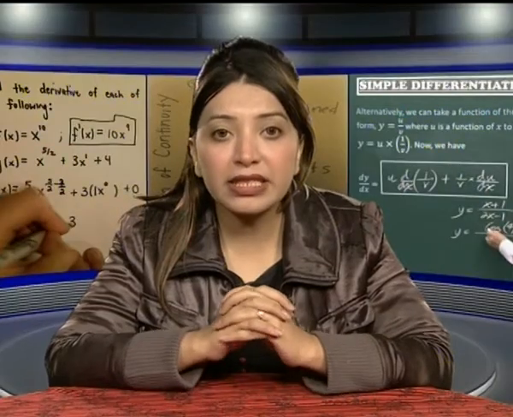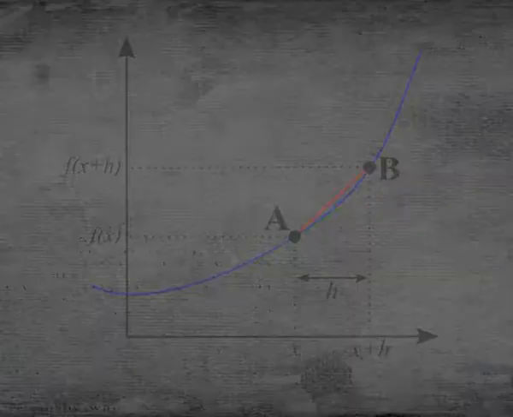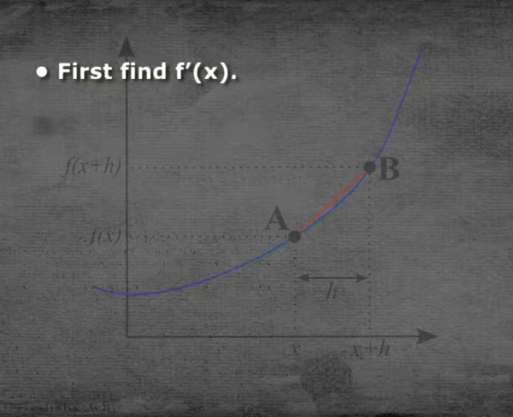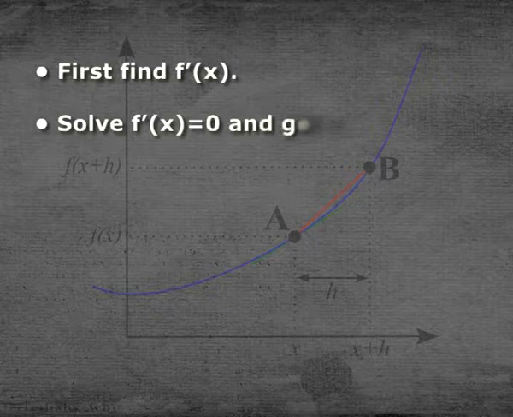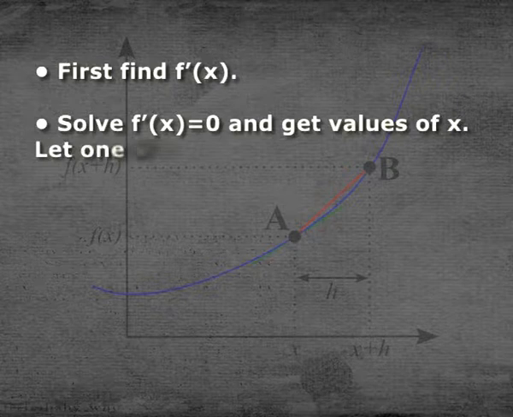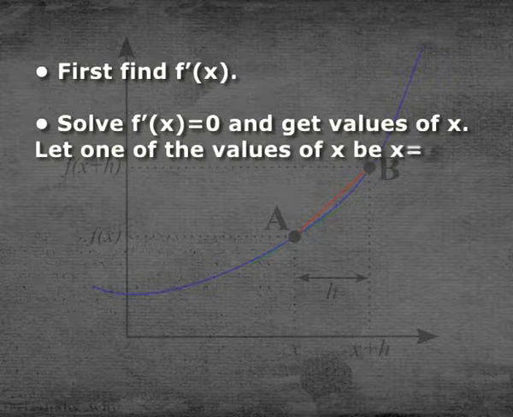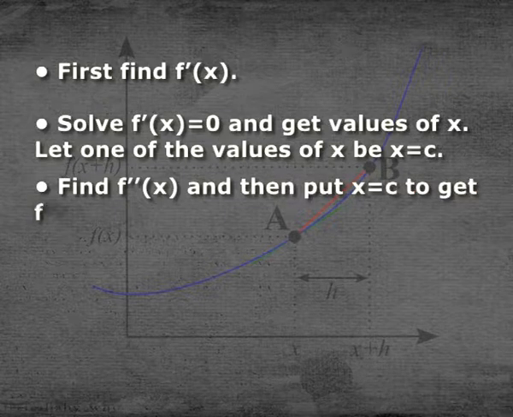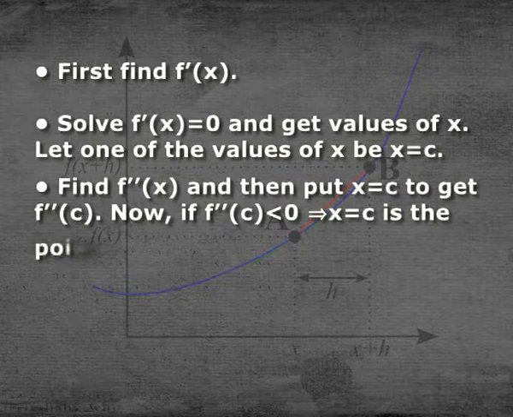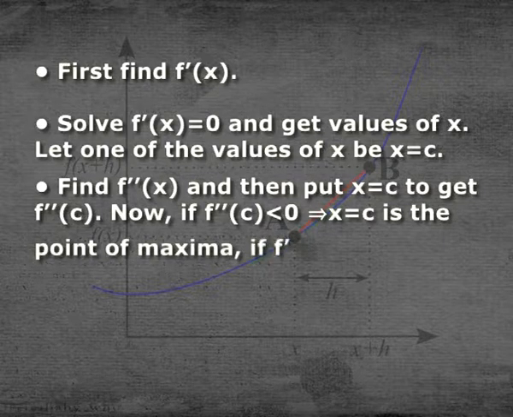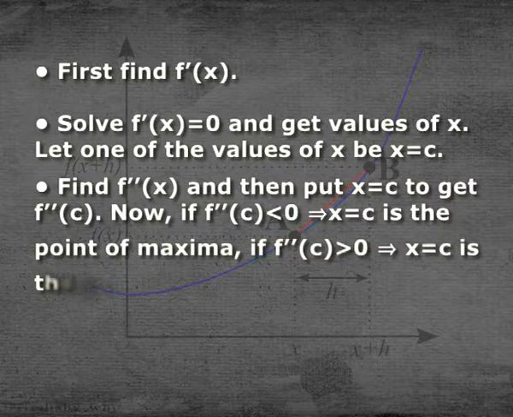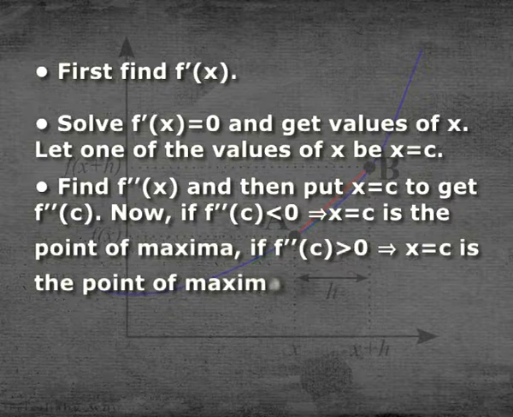Now let's see what the test for maximum and minimum is. In the first step, we find the first derivative, that is f dash x. In the second step, we solve f dash x by equating it to 0 and get the values of x. Now let one of the values of x be x equals c. In the third step, we find the second derivative, f double dash x, and then put x equals c to get f double dash c.